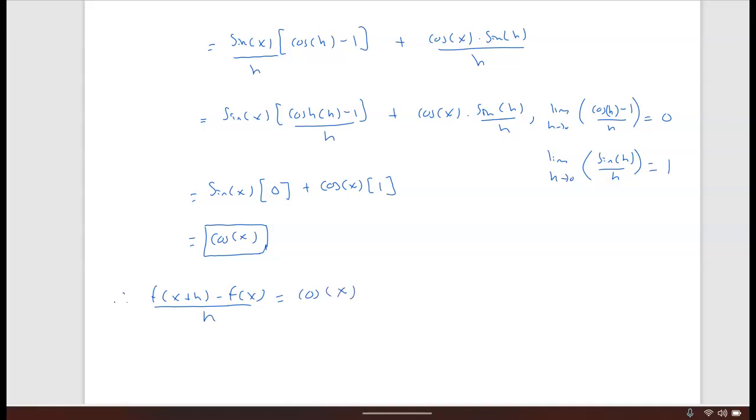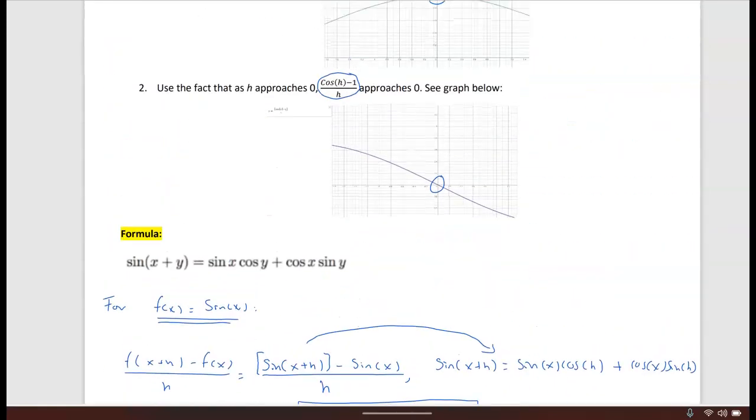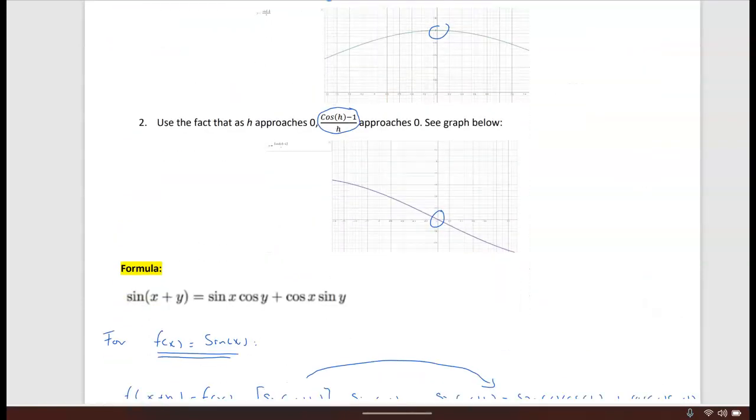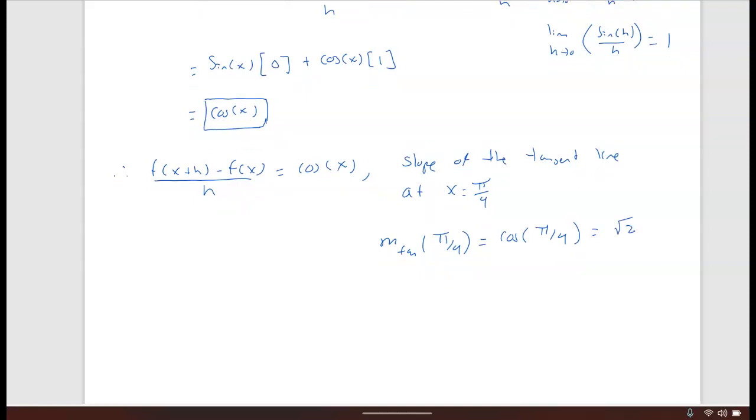Now, the next portion is the slope. The slope of the tangent line at x equal to pi over 4, which is what the problem asks for. I'll say that m tangent at pi over 4 is equal to the cosine of pi over 4, and this gives us the square root of 2 over 2.